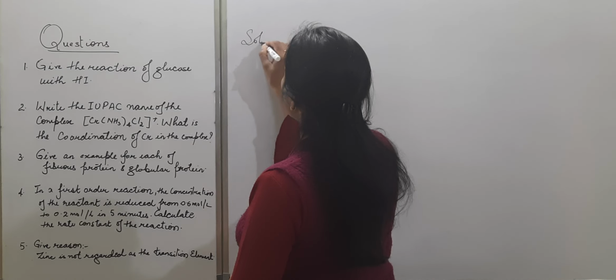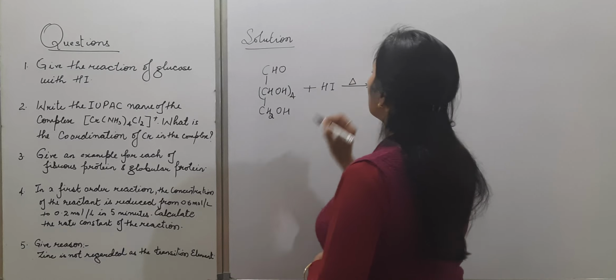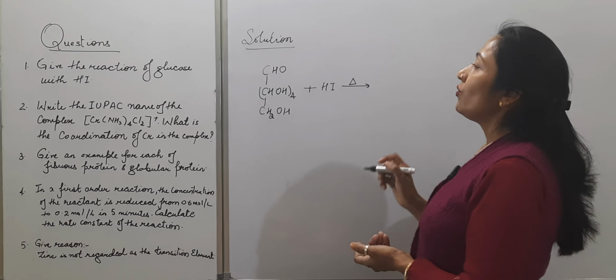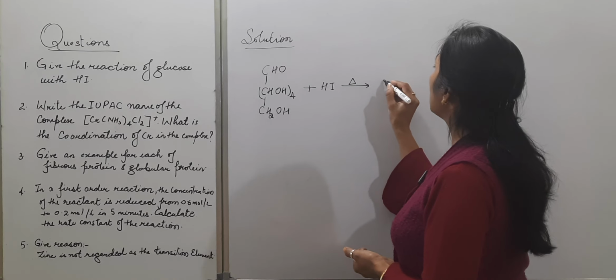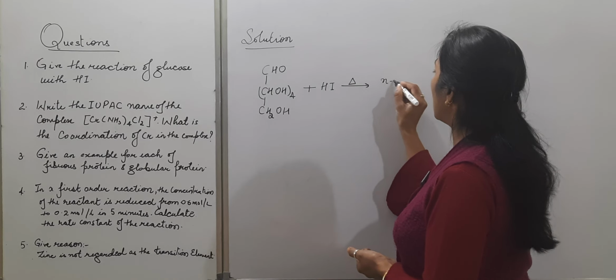So glucose is written like CHO, CHOH 4 times, and then CH2OH. When it reacts with hydrogen iodide and we heat the solution, what do we get? That is n-hexane. We get n-hexane here.